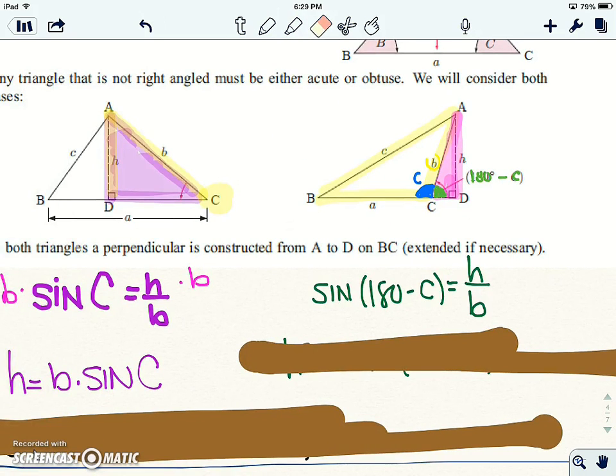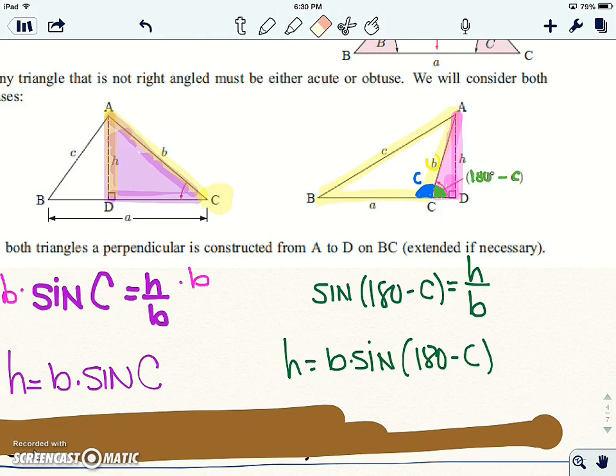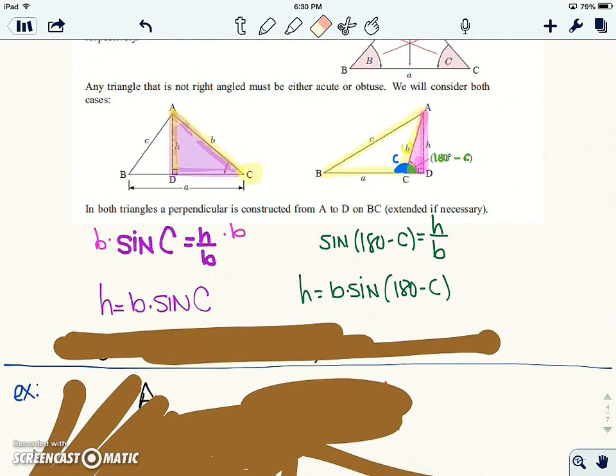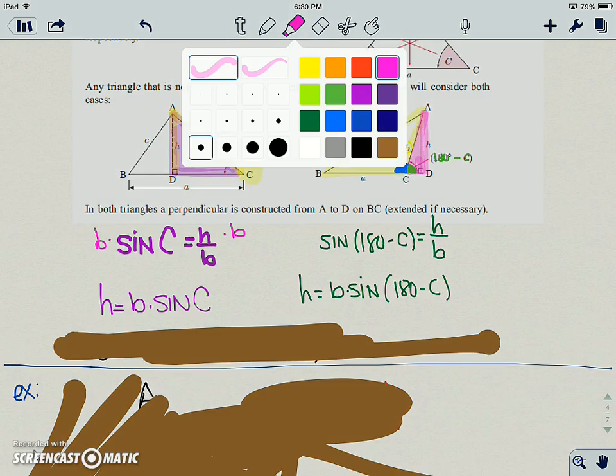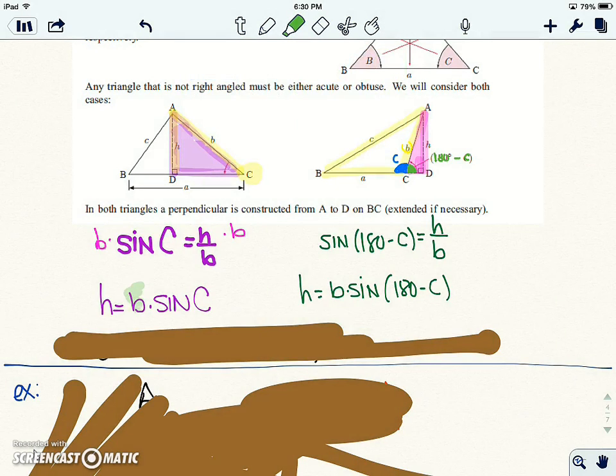And again, we could solve for h, and we get b times the sine of 180 minus C. Basically, this just shows us that the height will always be the base times the sine of the angle we can make using the height in one of the corners, or the height in an exterior corner. So both of them, it's b times the sine of some angle for h.